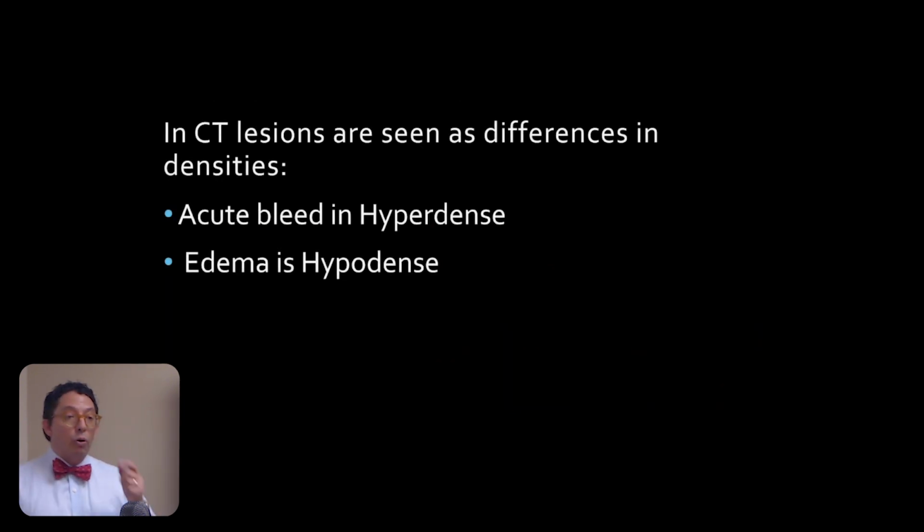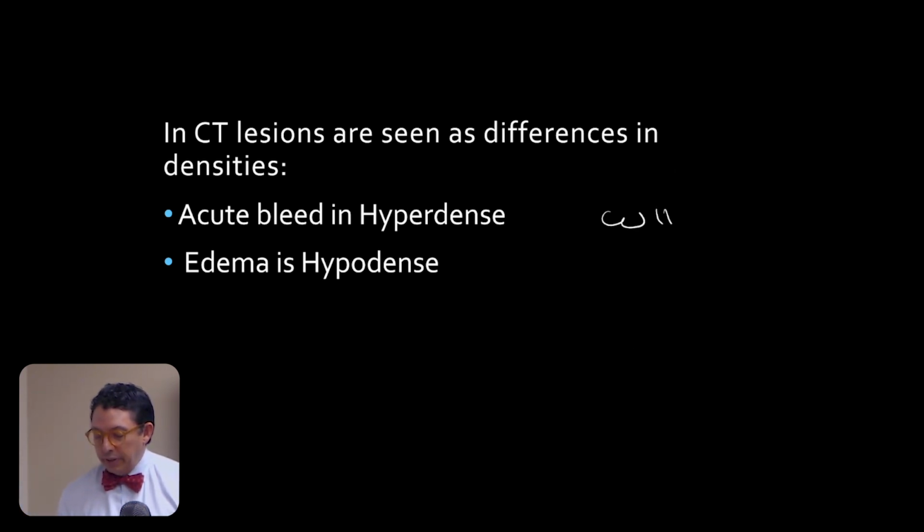Okay, so CT lesions are telling you the differences in densities. When you have things that are really dense, remember, they're going to be white. And things that are less dense are going to be darker.